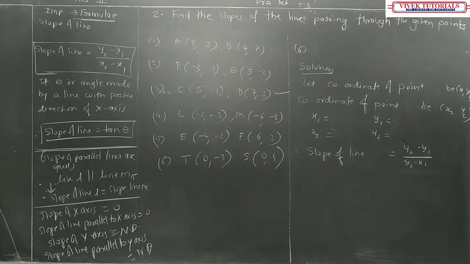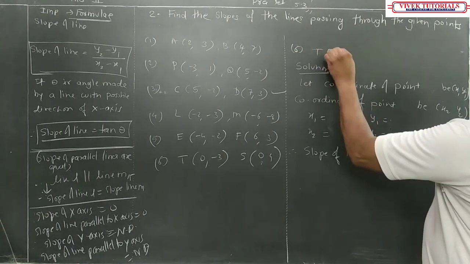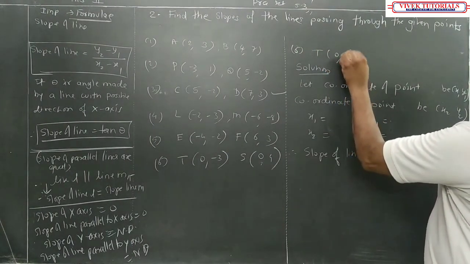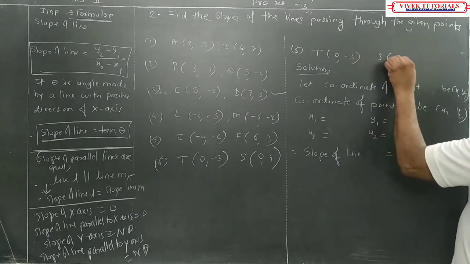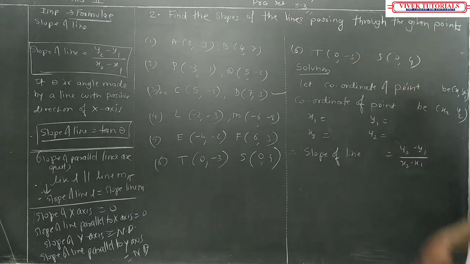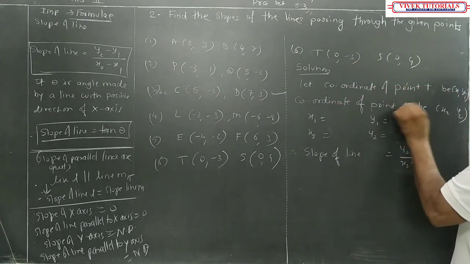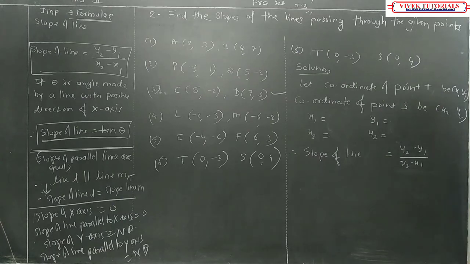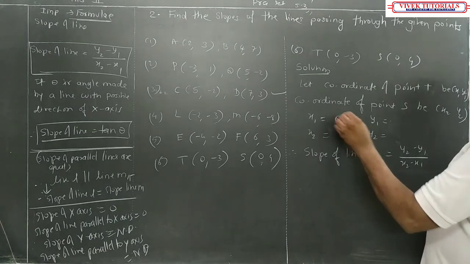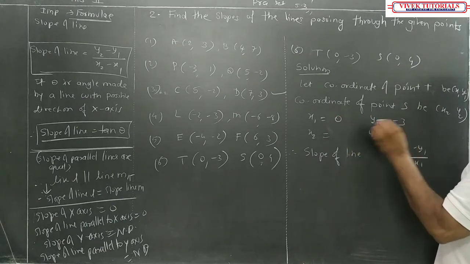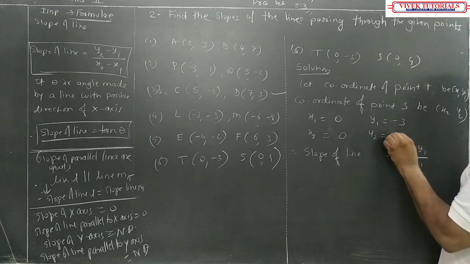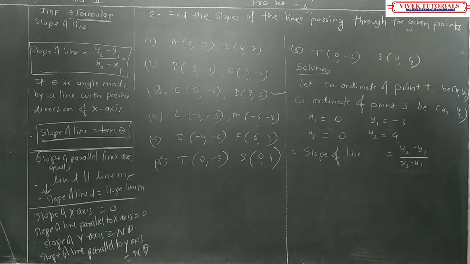Sixth question. T is (0, -3) and S is (0, 4). So there are 2 points. Let the coordinates of point T be (x1, y1) and the coordinates of point S be (x2, y2). x1 is 0, y1 is -3, x2 is 0, y2 is 4.